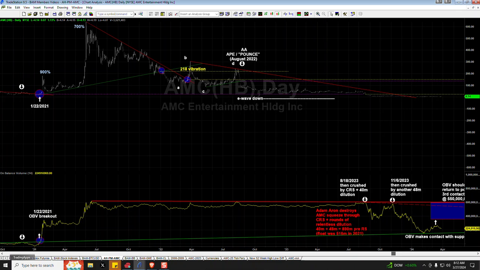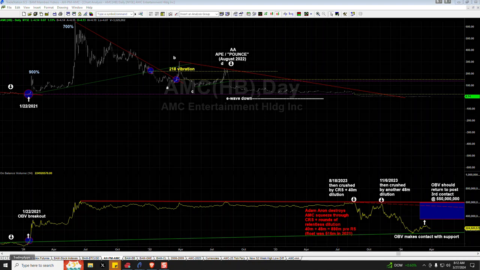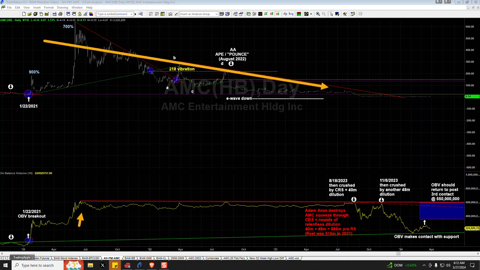So back to this on balance volume. One of the things that a lot of the people in the community were talking about, something they thought was a really bullish sign, and I don't argue with them, is that as the stock was declining during this entire grinding phase right here, the on balance volume was holding up the entire time.